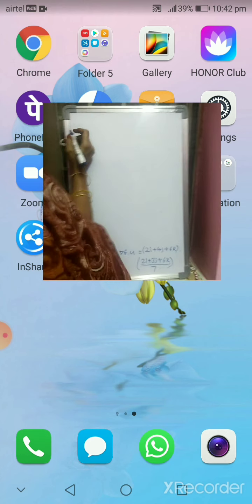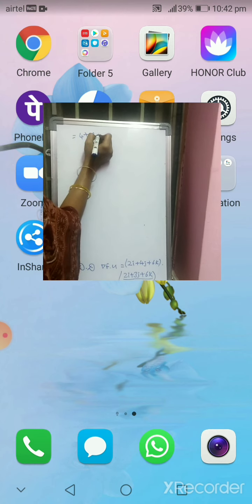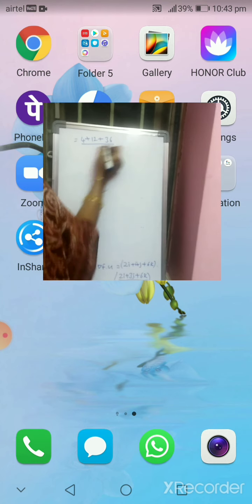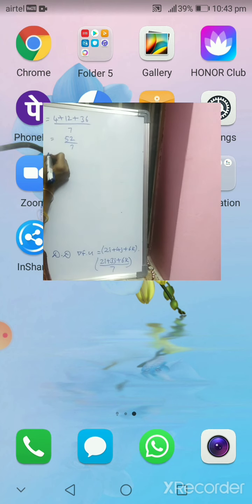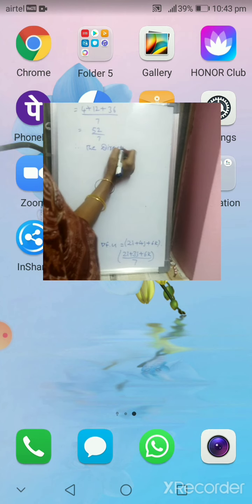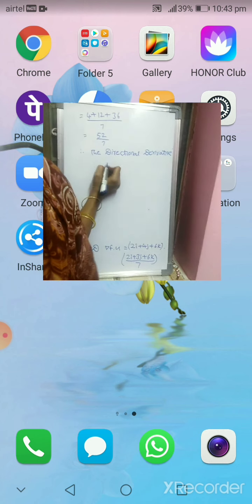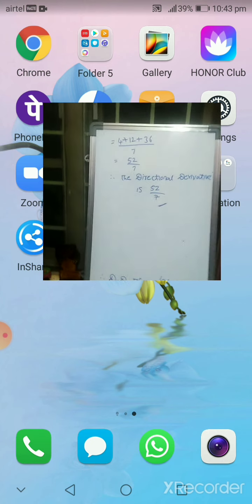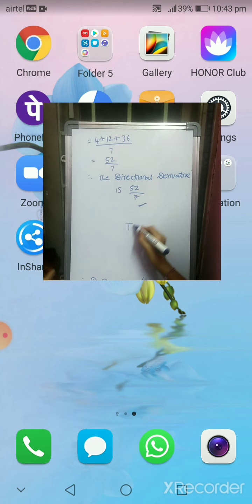So we get 2 into 2, that is 4, plus 4 into 3, 12, plus 6 into 6, 36, by 7. So that is 52 by 7. Therefore the directional derivative is 52 by 7. So this is our problem. Okay. Thank you, one and all.